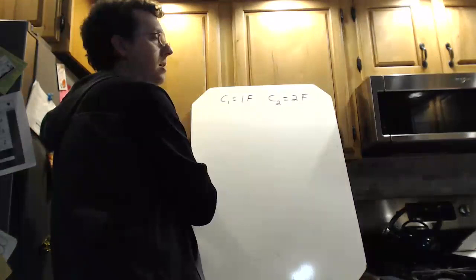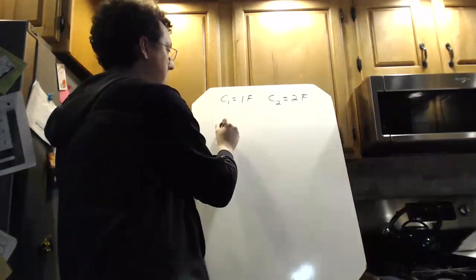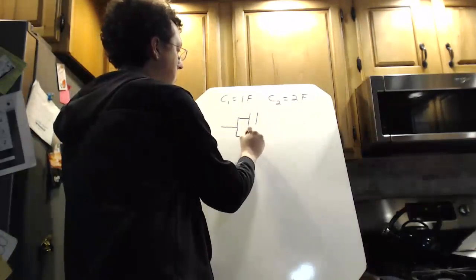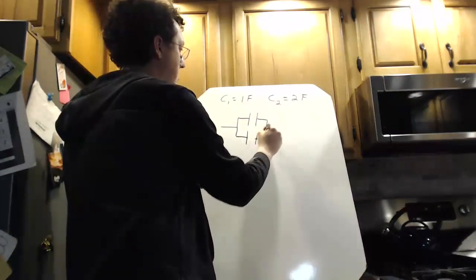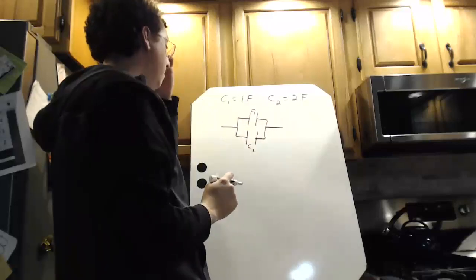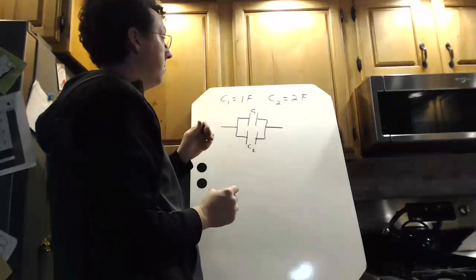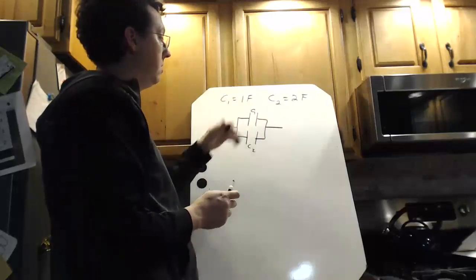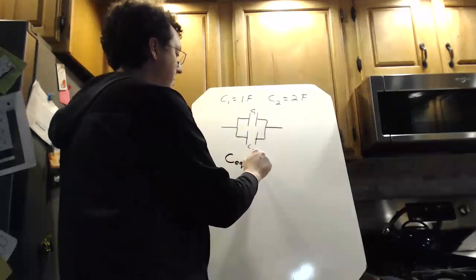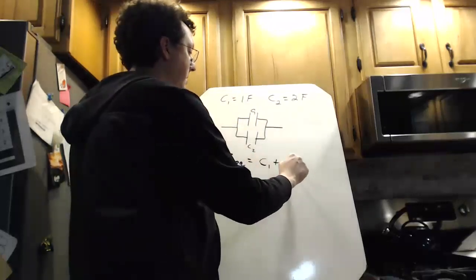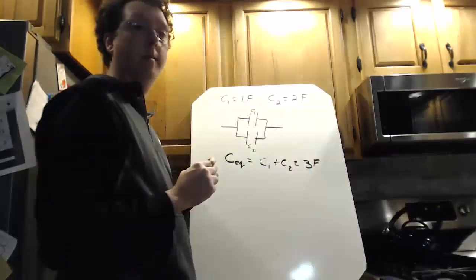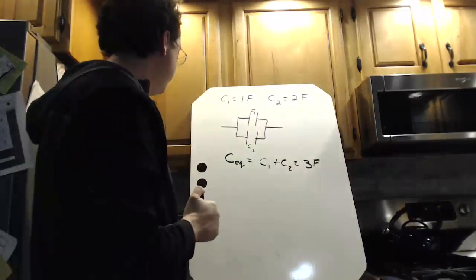So if I put them in parallel, C1 and C2, well, the formula for capacitors in parallel tells me I simply add these two results. So I just find that C equivalent is C1 plus C2 equals 3 farads.